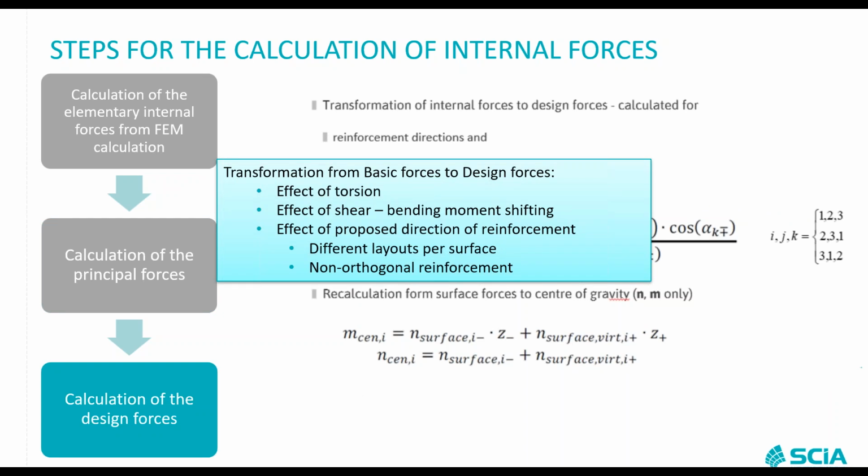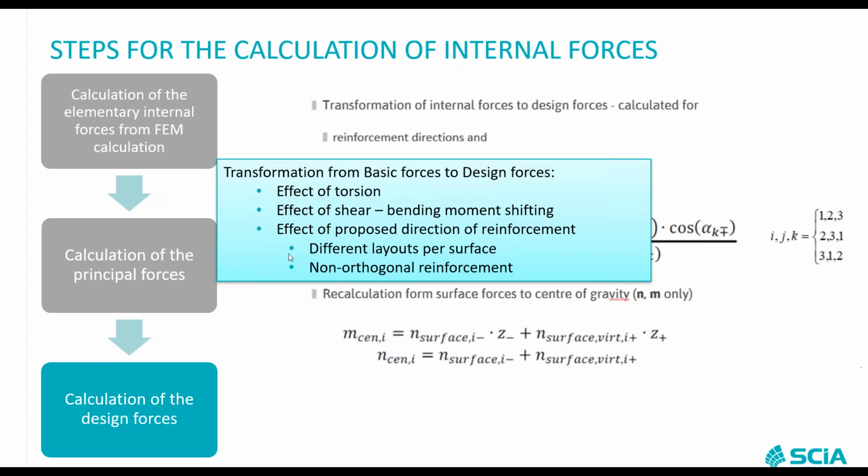In fact, there are several advantages from using this method, and within this method we are also doing many things, like we take into account the effect of the torsion. We do some shifting of the bending moment to be compatible with the Eurocode, because there is one article in the Eurocode talking about shifting of bending moment.